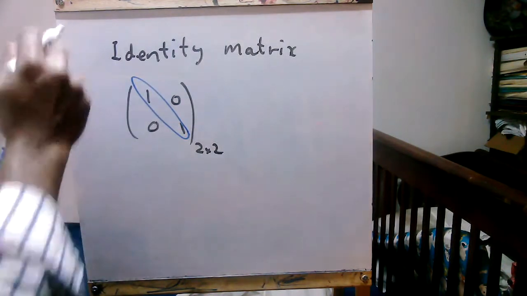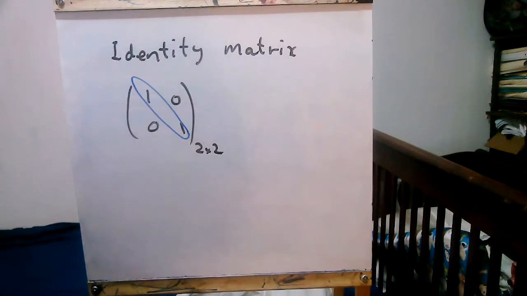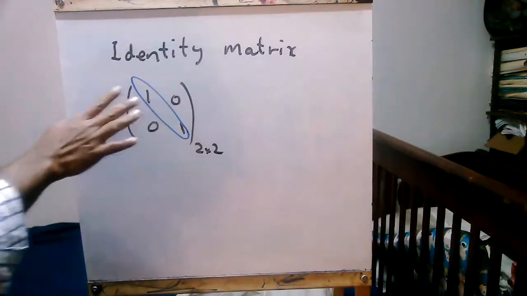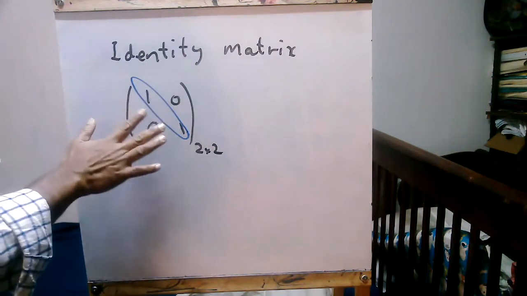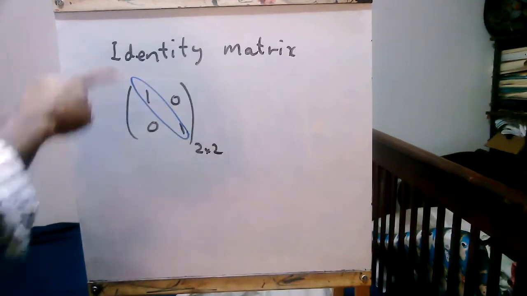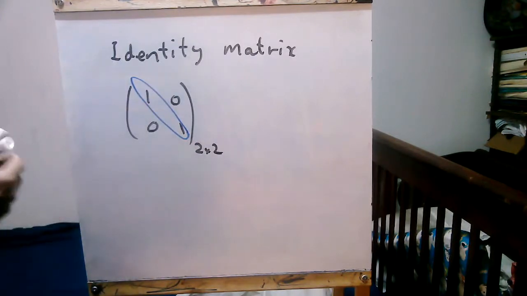We're especially interested in those square matrices because our intention is to get involved with those systems of equations, right? Now that's another thing, but about identity matrices, their diagonal is 1, everything else is 0.